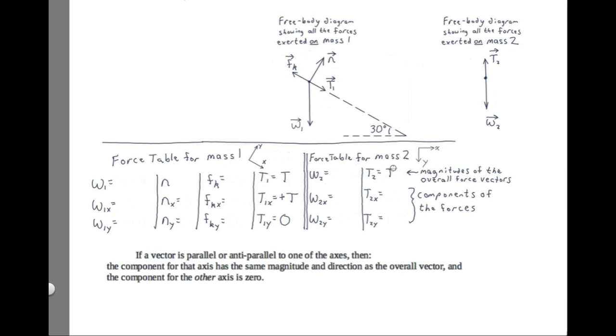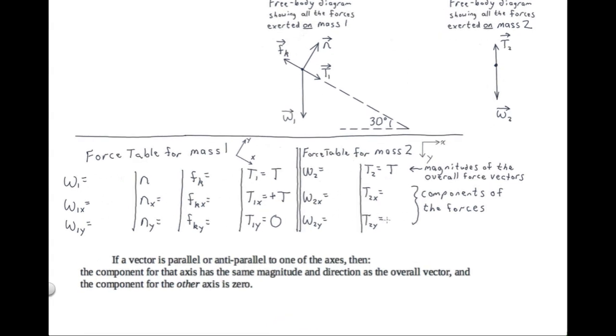Now for mass 2, tension force 2 is pointing upwards, which is our negative y direction for mass 2. So T sub 2y will be negative. Write down the negative sign before you write down the magnitude, or you might forget about the negative sign altogether. So the magnitude of this component will be capital T, and there will be 0 x component.